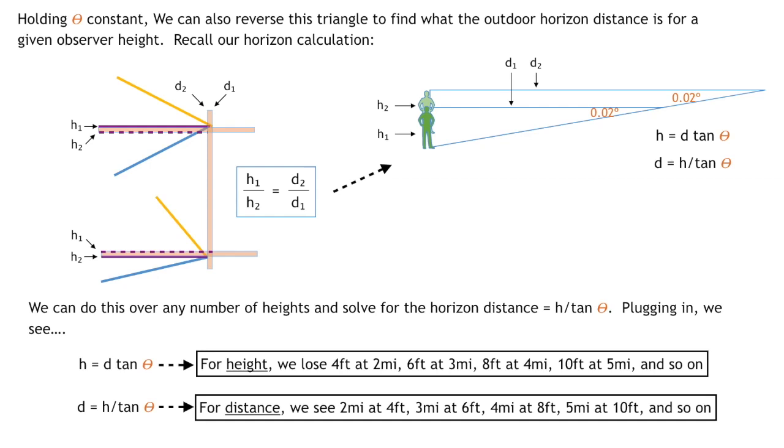So plugging in, we see that for the height, we lose 4 feet at 2 miles, 6 feet at 3 miles, 8 feet at 4 miles, and 10 feet at 5 miles, and so on. And if we want to see how far we see at given heights, so for distance, we see 2 miles at 4 feet, 3 miles at 6 feet, 4 miles at 8 feet, 5 miles at 10 feet, and so on.